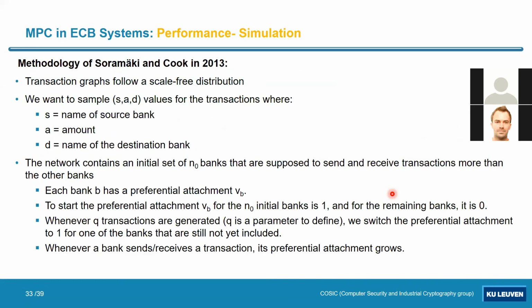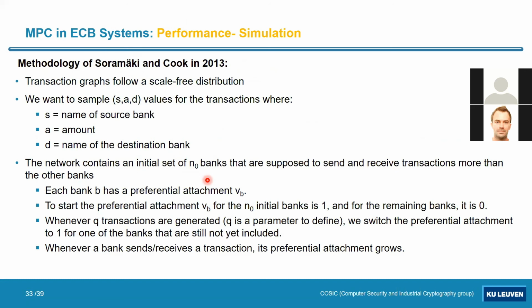What was their methodology? The distribution of transaction graphs is scale free, and we are going to sample S, A, and D, which are source, amount, and destination. As I mentioned, they are scale free, which means there are some banks that do transactions between each other more than the other banks.